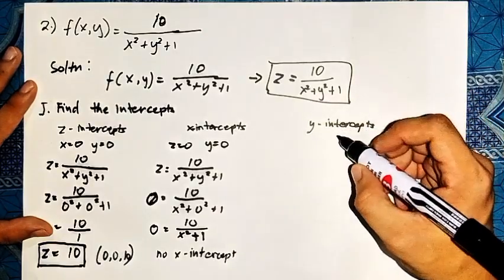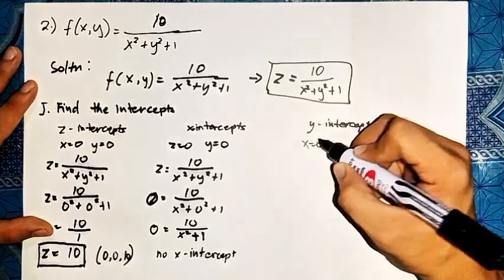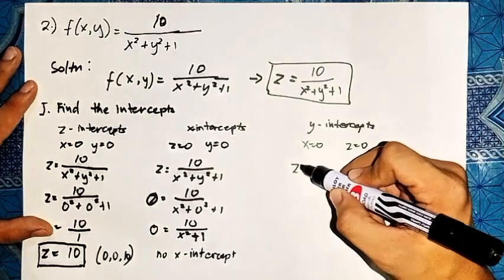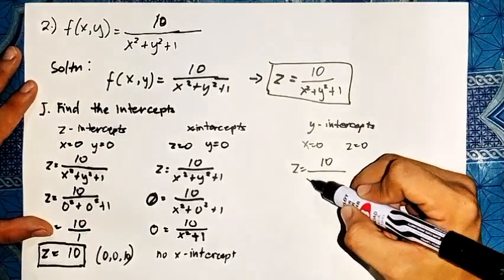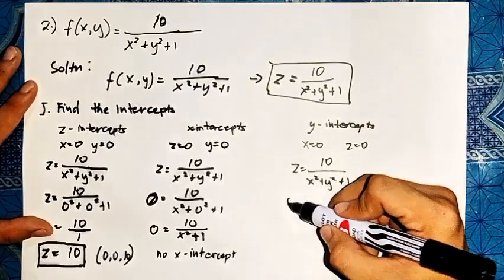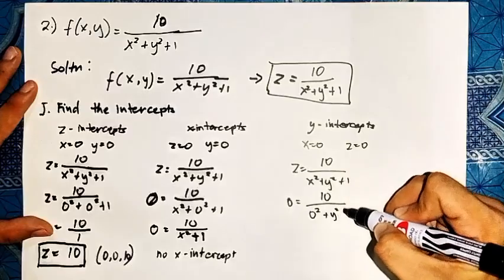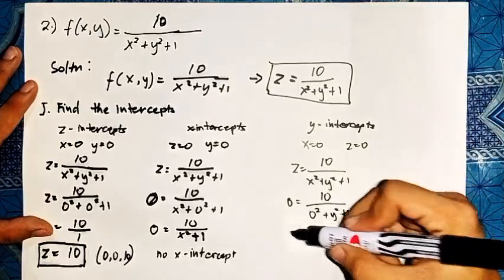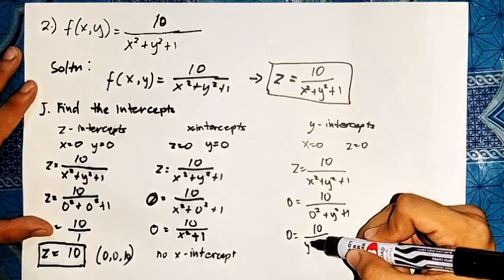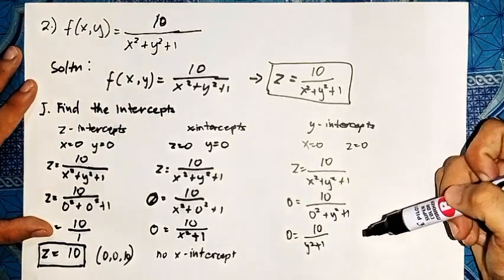Now, we have the y-intercept. Again, x is equal to 0 and z is equal to 0. Copy the function. z is equal to 10 over x squared plus y squared plus 1. Now, substitute. 0 is equal to 10 over 0 squared plus y squared plus 1. 0 is equal to 10 over y squared plus 1. It's the same as the x-intercept.